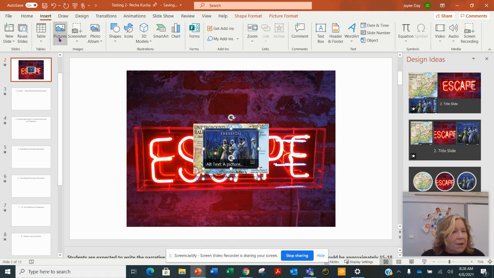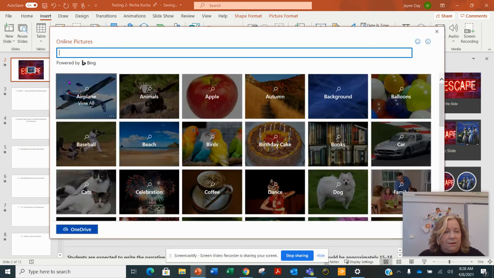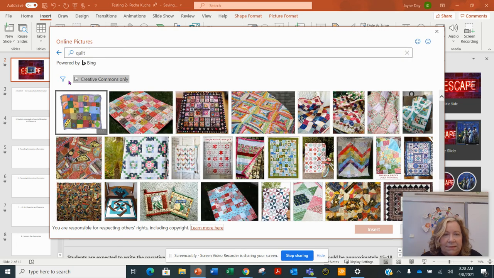I do want some kind of quilt on here. Let's see if there's a quilt, because that might be kind of neat just to have a little image of a quilt. Kind of like this one, I think. All right.